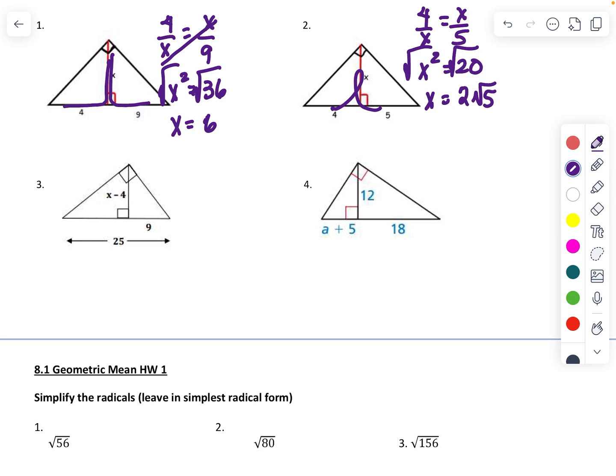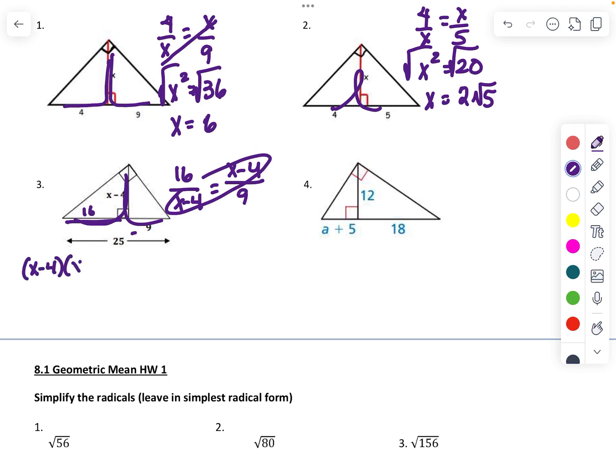This one's just a little trickier, but we're going to set it up just the same. We're going to say this one, so 25 minus 9, which is 16. 16 over x minus 4 equals x minus 4 over 9. Now watch this. This is going to be x minus 4 times itself equals 16 times 9.